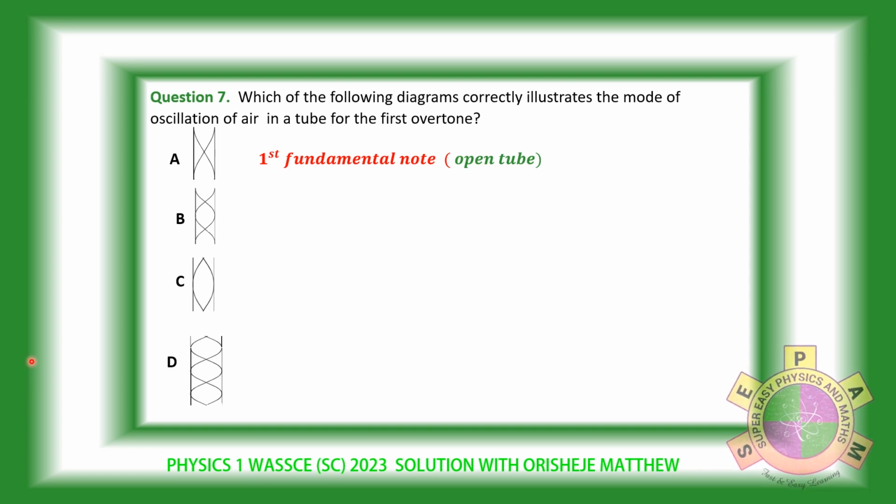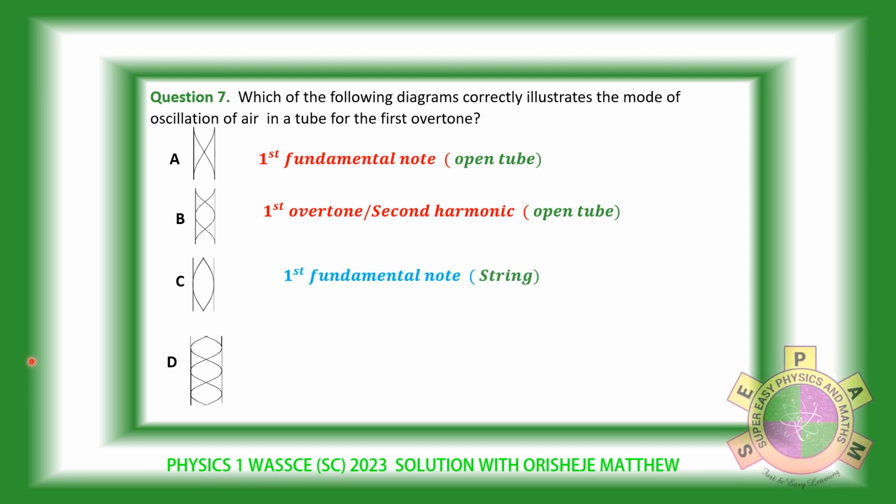B is the second harmonic, or the first overtone, for an open tube, while C is the fundamental note for a vibrating string, while D is the second overtone or the third harmonic for a string vibration. So the correct answer here is B.